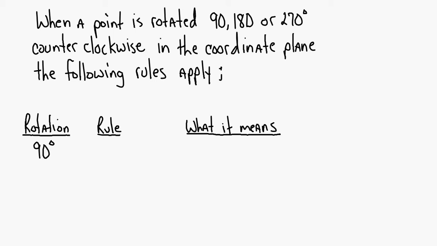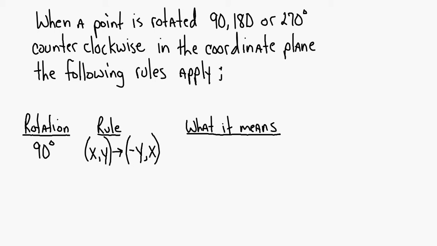So if you're rotating something 90 degrees about the origin in the coordinate plane, the rule is for every xy value, you'll do the following.